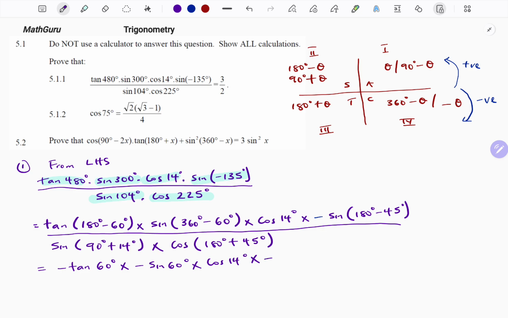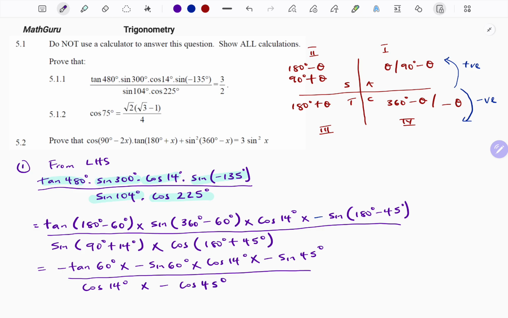In the second quadrant, sine is positive, so that's minus sine of 45 degrees. Then for my denominator, I have sine of 90 plus 14. I'm going to use my cofunction here. Because that falls in the second quadrant, sine is positive. So that will be cos of 14 degrees. Times, then 180 plus 45, in that quadrant only tangent is positive. So that will be minus cos of 45 degrees.